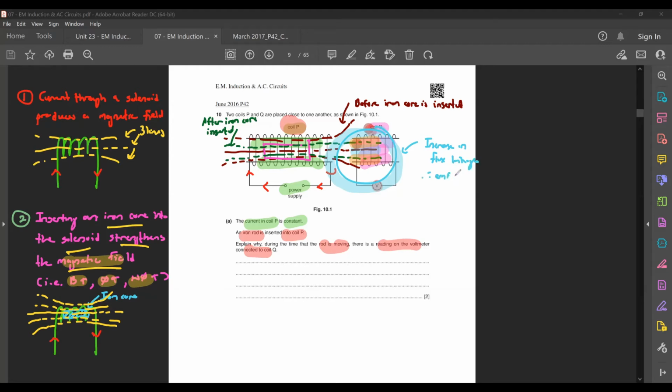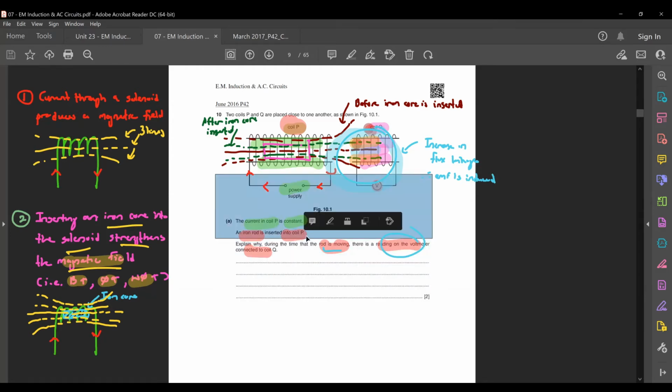Therefore, EMF is induced. That's the reason why you have a reading on your voltmeter. When you move your rod in, you're causing an increase in magnetic flux. You have more lines linking to core Q, and any lines linking to core Q are considered your flux linkage. So if you suddenly have more lines, you have more flux linkage, and you're going to have EMF induced. That's the reason for the voltmeter reading.